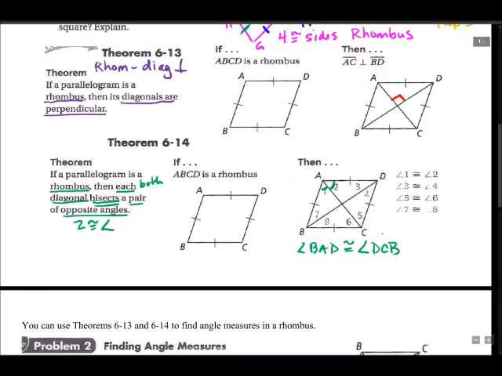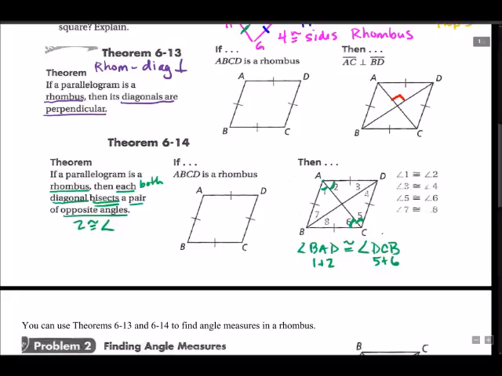Angle 1 plus 2, this is 1 plus 2, and this is 5 plus 6. So if 1 plus 2 is congruent to 5 plus 6, and 1 is congruent to 2, what are we going to be able to say? We are going to be able to say that 1 and 2 are congruent to 5 and 6, because we know that 5 and 6 are congruent because our diagonals bisect the opposite angles. So all 4 of those angles are congruent.